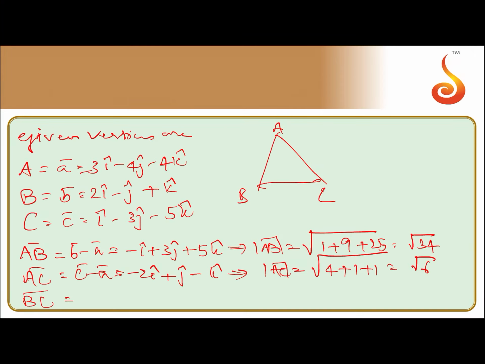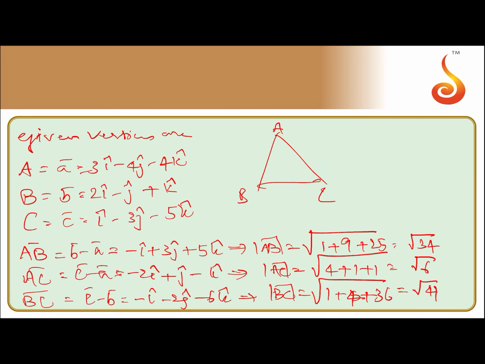And BC vector is the position vector of C minus the position vector of B, that is minus i minus 2j minus 6k, and whose magnitude of BC is the square root of 1 plus 4 plus 36, that is 41, root 41.